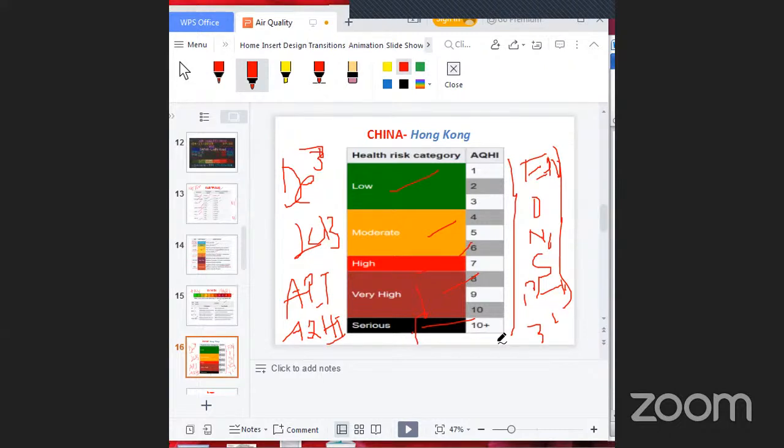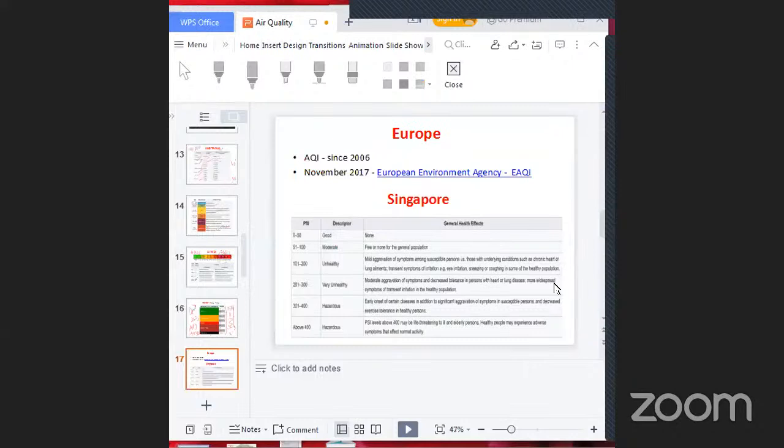So this is the China air quality index. And then next we are going to Europe, the common air quality index.